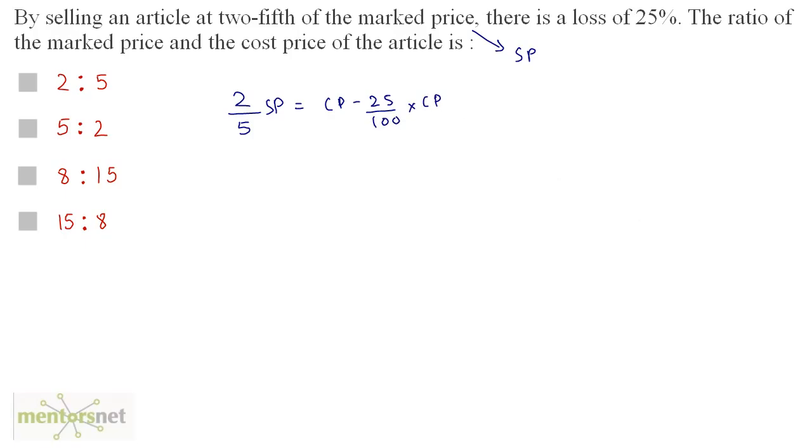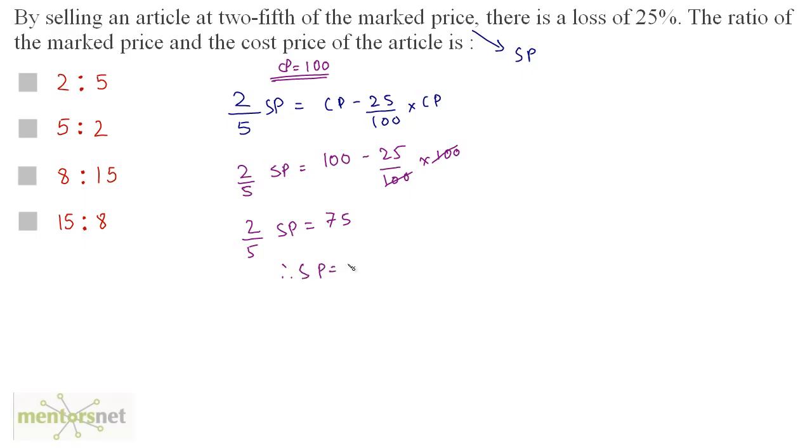Now assuming that this cost price is equal to 100 rupees, this selling price can be calculated. So 2/5 of the selling price is equal to 100 minus 25 upon 100 times 100. So what I have is 2/5 SP is equal to 75. Therefore selling price is equal to 75 times 5 by 2. Let us keep it as it is. Now what is asked is the ratio of the marked price, that is the selling price, and the cost price.